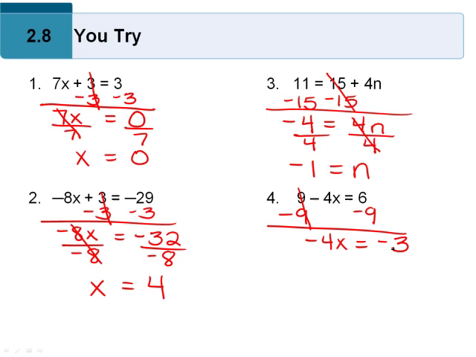So now you need to get rid of that coefficient. So divide by negative 4 on both sides. And the negative 4's cancel. Now remember, we just talked about this maybe in the last section or maybe even in this section. Two negatives on a fraction, you're always going to simplify that to be a positive. So that's just going to be a positive 3/4.